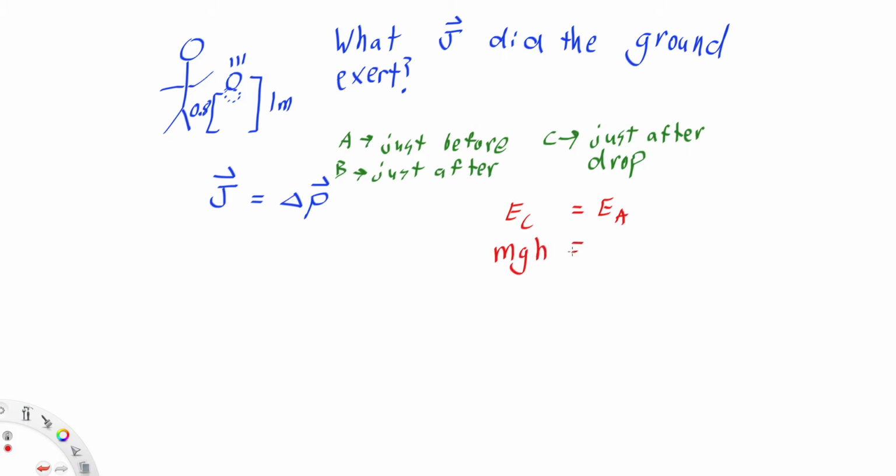And at A, all the energy is stored in speed. Mass cancels out. And this is a result we've seen before. The velocity just before impacting the ground is going to be equal to square root of 2GH. H is 1 and G is 10. So the velocity is just square root of 20. Okay.